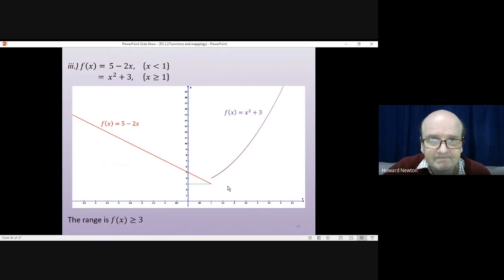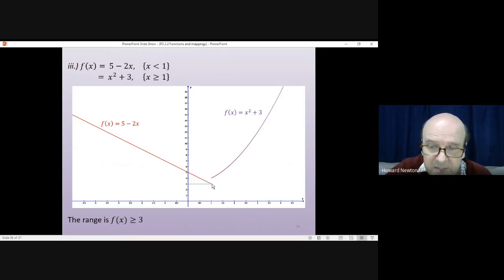Now, I think I've actually made a mistake here. It's a small mistake, but you would lose a mark for it. Looking at the red line, 5 minus 2x, it doesn't actually reach 1. It says here, we're doing that if x is less than 1. If x equals 1, we're on the curve.